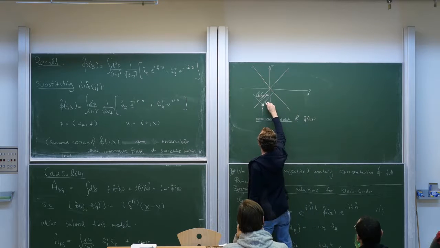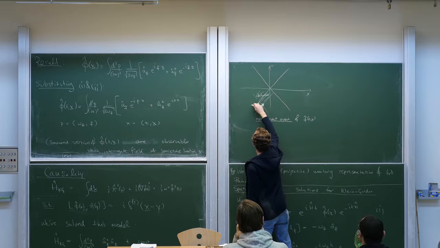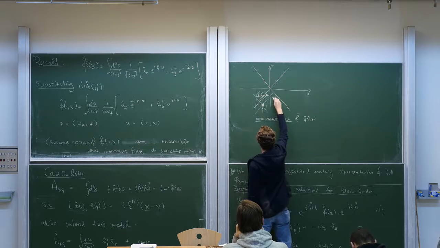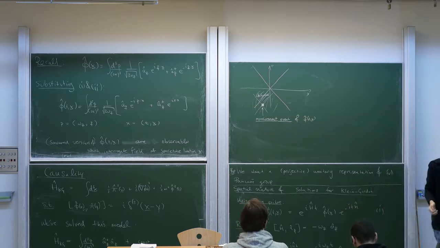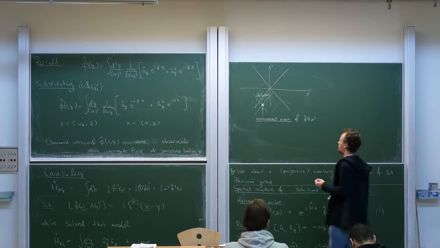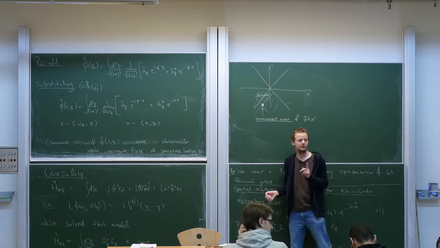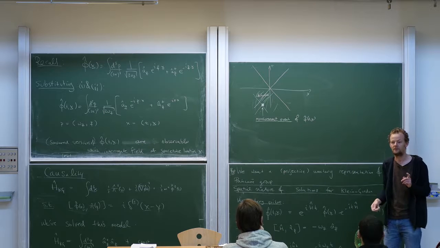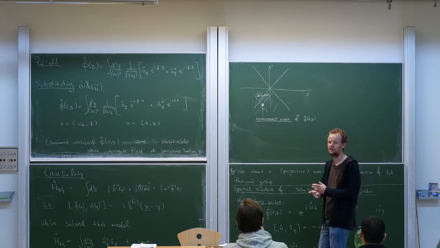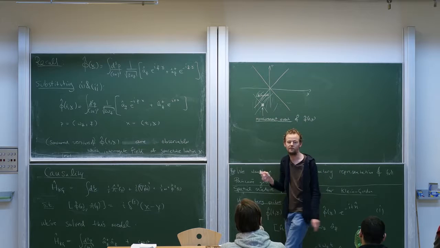So actually, the picture is wrong. It looks more like this. There's a disturbance everywhere if you do a projective measurement of the field. But I claim that relativity is safe, because it's not possible to signal faster than the speed of light to another event outside the forward light cone of this measurement event.